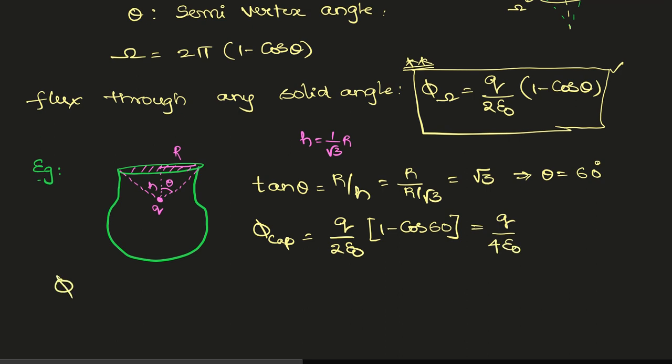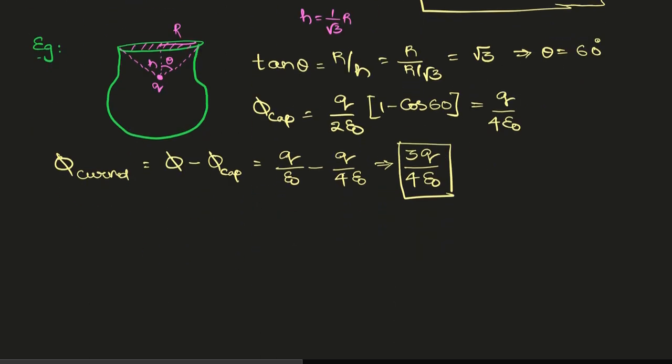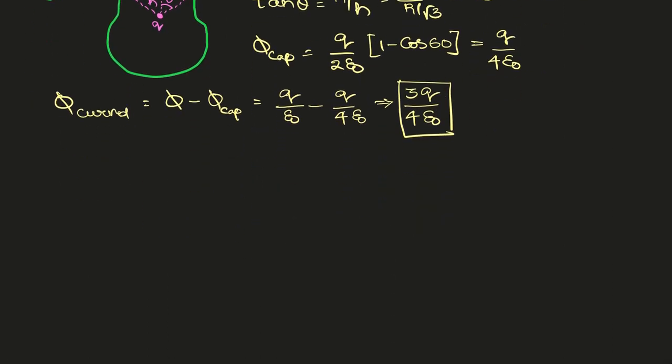If they ask for flux through the curved surface, then we subtract the flux through that cap from the total flux. So this will be q by epsilon naught minus q by 4 epsilon naught, that is 3q by 4 epsilon naught. You can expect some questions like this. And one more example I'll give you based on this model.